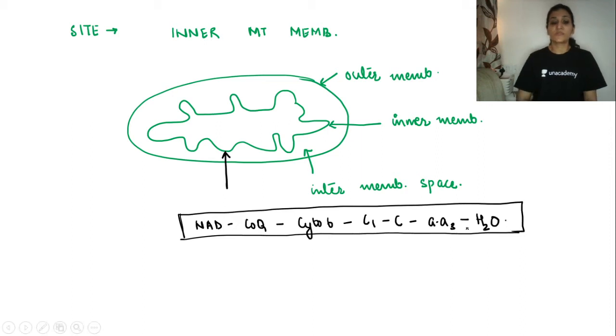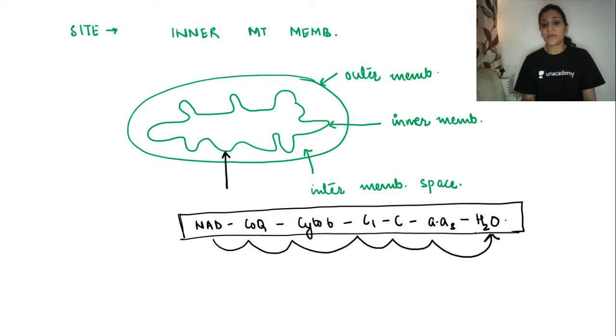This is the sequence in which it is arranged. So electrons are transferred from NAD downstream, and finally water is formed. Electrons will go from one to another, one to another, and lastly water will be formed. This will be the path of electron travel. If you can remember this sequence, it will be very easy for you to attend the question.